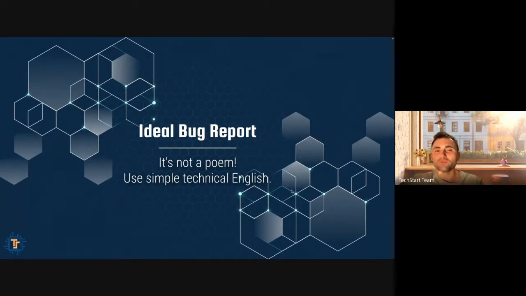I had a friend of mine, he was working in one of the companies with me, and he had very good English. He knew a lot of words. He was reading scientific articles. So he always tried to write some complex sentences in the bug reports. And believe me, developers always had problems with him because they were not able to understand what he meant.